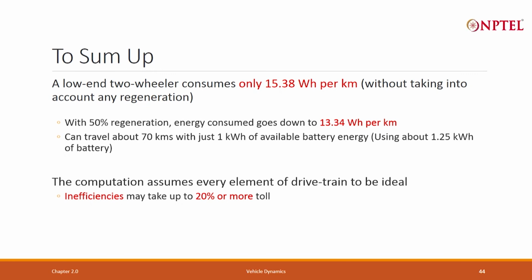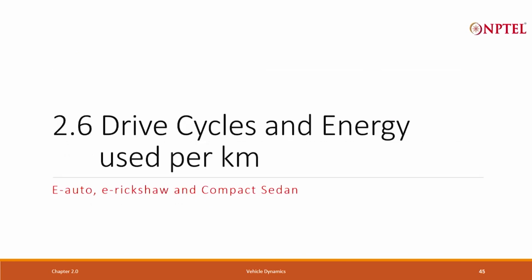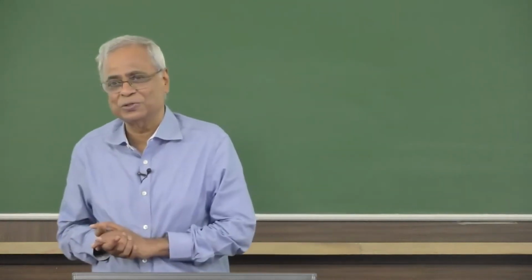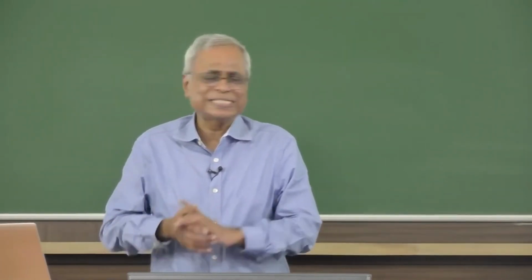This is where I will stop, but in the next class I am going to talk about e-auto, e-cycle, e-rickshaw and compact sedan. Pretty much repeat what I have done today, but with slightly different numbers. But you will get a feel of these 3 vehicles also. Exactly the same.